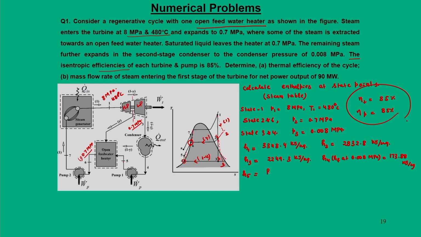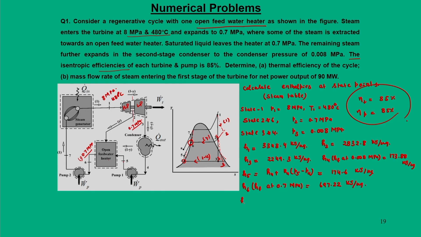Then H5 is H4 plus V4 into P5 minus P4. So, this number is 174.6 kilojoule per kg. Then H6 is nothing but HF at 0.7 megapascal. So, this value is 697.22 kilojoule per kg.